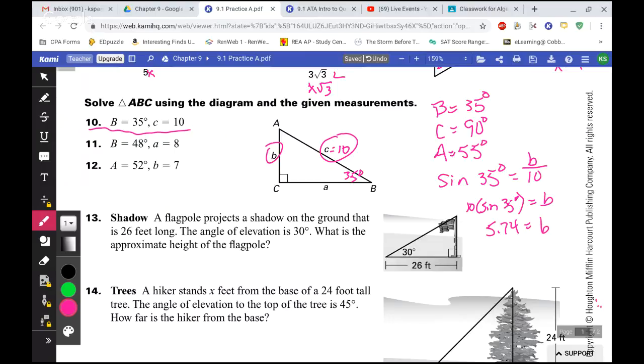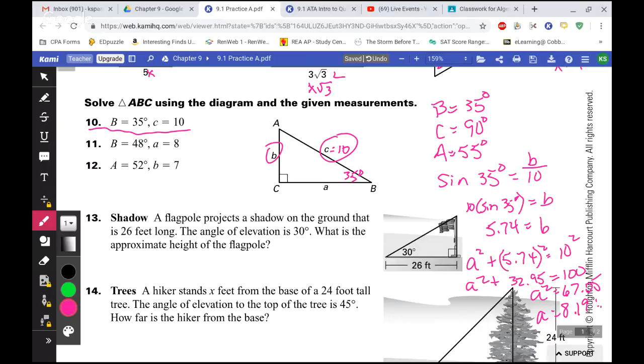Then you will do A squared plus 5.74 squared equals 10 squared. So A squared plus 5.74 squared, which is 32.95, equals 100. Then A squared equals 67.05, and you take the square root of both sides, and that's going to be 8.19.